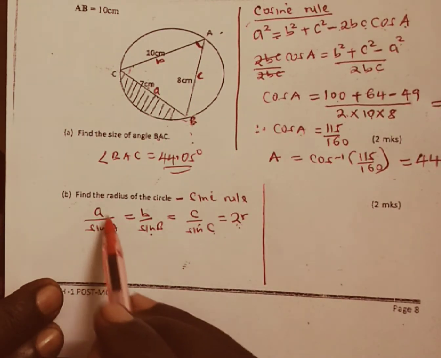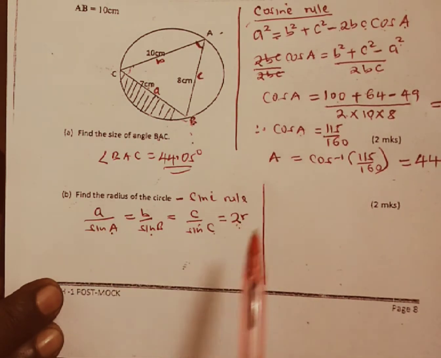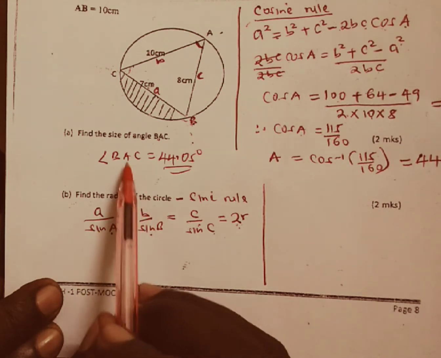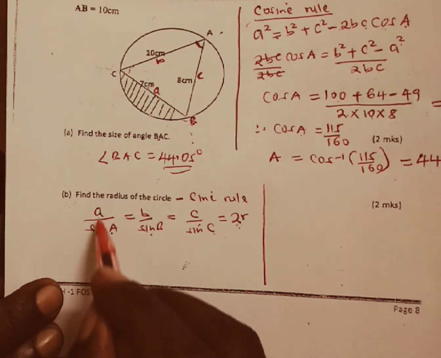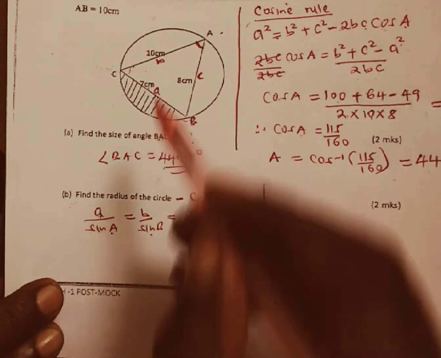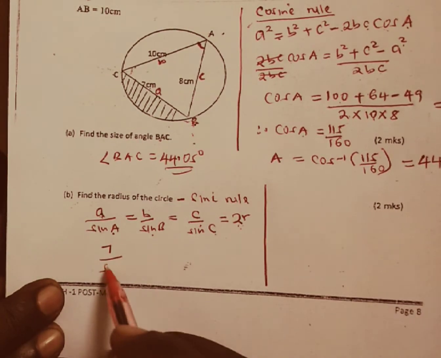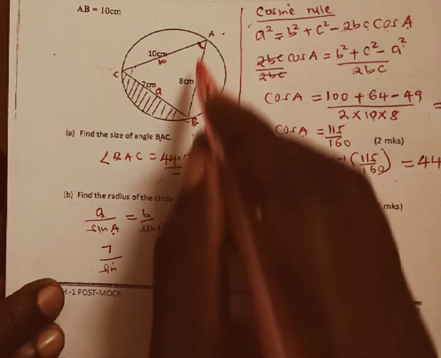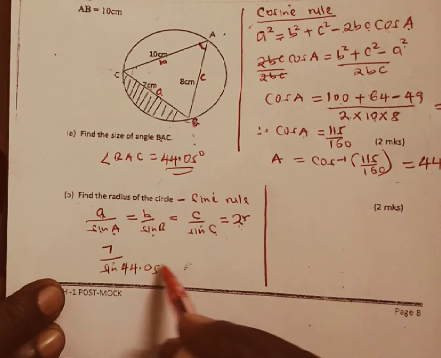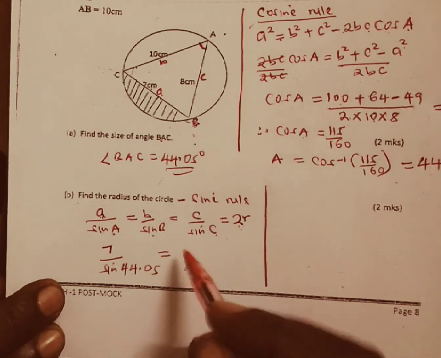But since we need to find the radius, we are going to use the angle that we have already calculated, which is the size of angle A. The length of the side named A is 7. So if we take 7 divided by the sine of angle A, which is 44.05, this must give us twice the radius.